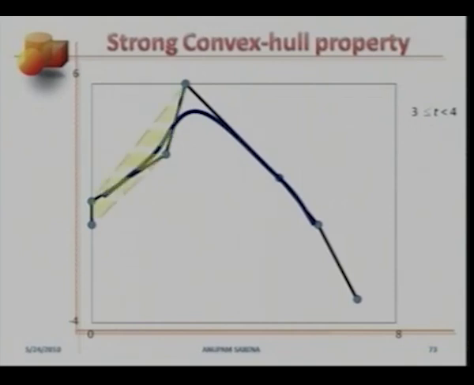For this example, this was the local convex hull. This was the second one. This was the third one. This was the fourth one, and so on and so forth. And this was the parent convex hull defined by all design points.